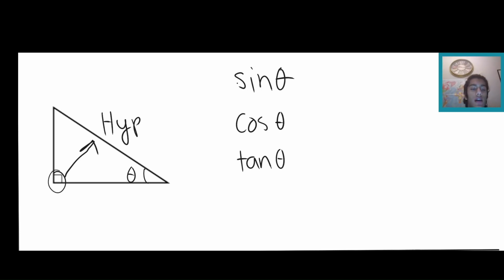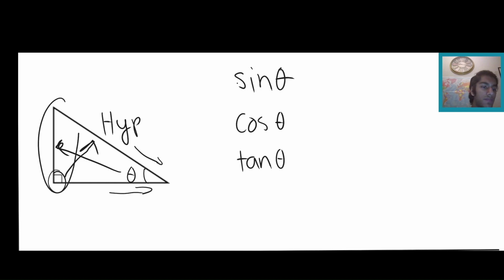Now, the next one would be the one that's opposite to your theta. So, opposite. You see here that there are two lines that make up theta. There's this one and there's that one. But this line here, that's your opposite side.